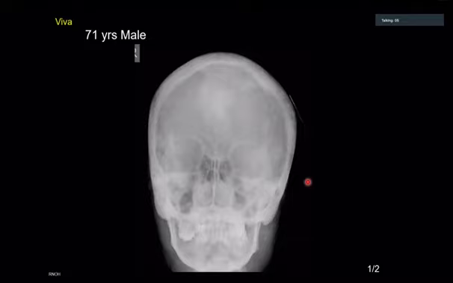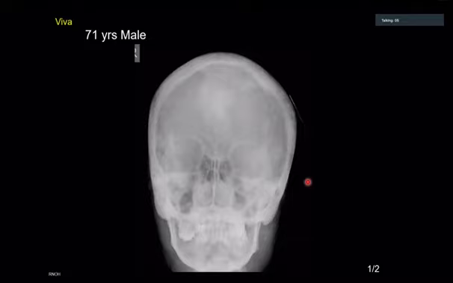The orbits appear normal. I can't see any abnormality in the mandible. So on the basis of these features and with the age correlation, the first differential is Paget's.